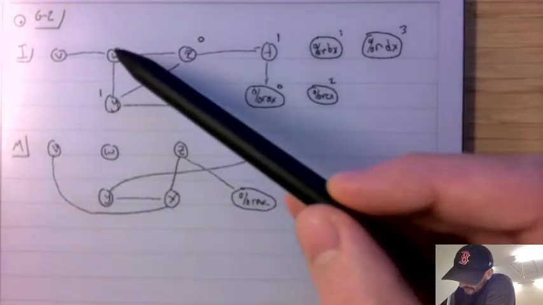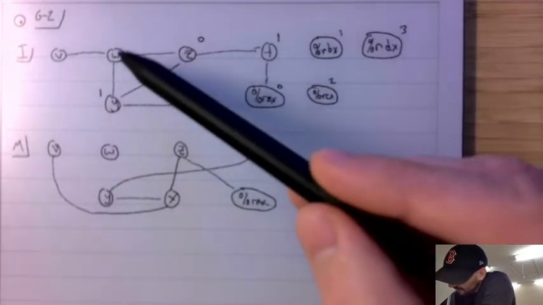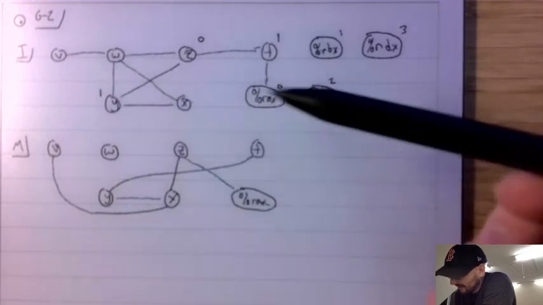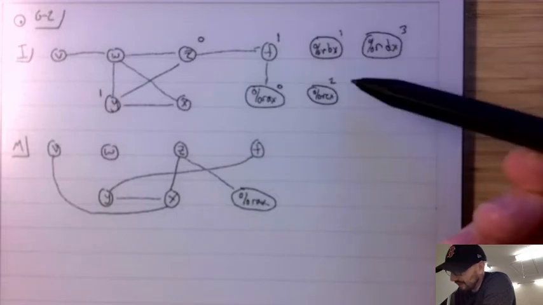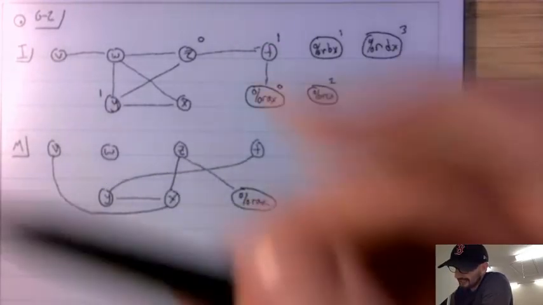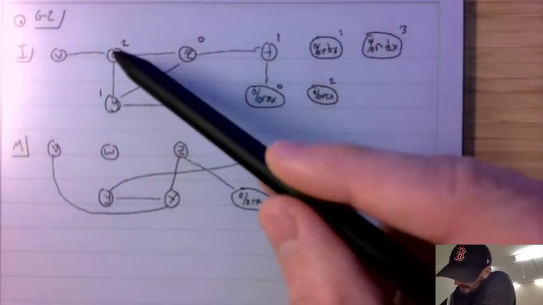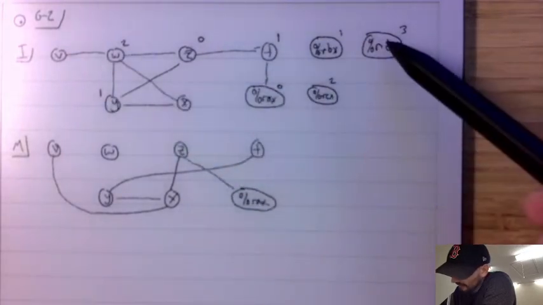All right, so now I can look at w or x. Let's look at w. w is not allowed to be 0, and it's not allowed to be 1. So that means it can be 2 or 3. The lowest number of those is 2, and it's not connected to anything in the move graph, so we'll put a 2 right here. Now let's look at x. x is not allowed to be 2 or 1, which means that it can be 0 or 3.